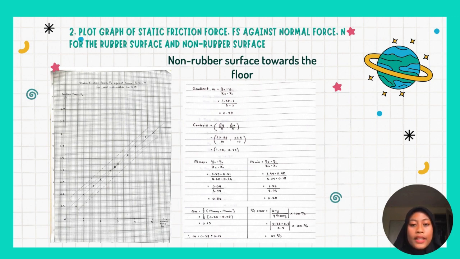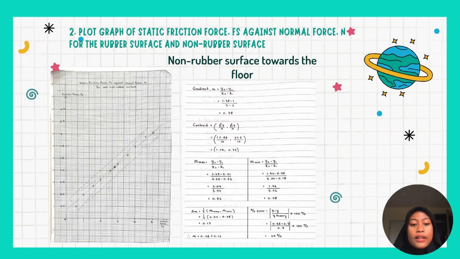After that, we can determine the m maximum by using the formula y2 minus y1 over x2 minus x1, and we get the m maximum for the non-rubber surface is 0.52, and the m minimum is 0.28. After that, we have to find the delta m by using the formula 1 over 2 multiplied by m maximum minus m minimum, and the delta m that we got for the non-rubber surface is 0.12.